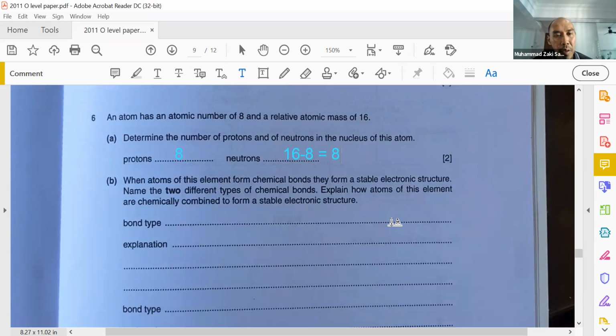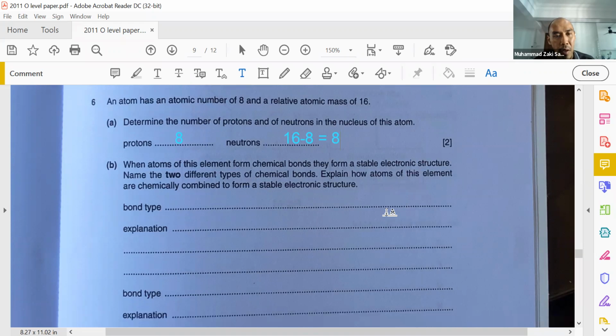No worry. So when atoms of this element form chemical bonds, they form a stable electronic structure. Name 2 different types of chemical bonds. Explain how atoms of this element form chemical bonds to form a stable electronic structure. So oxygen, the bond type, it can make ionic bonding.